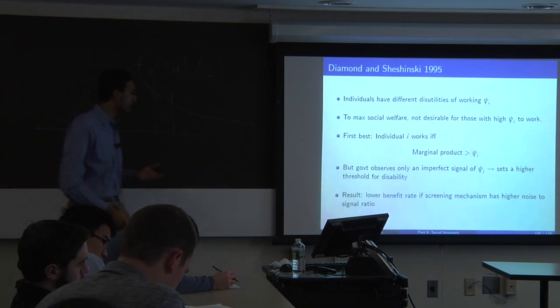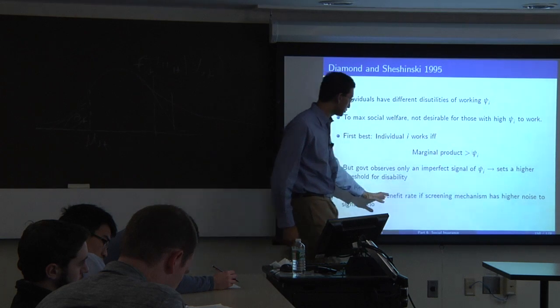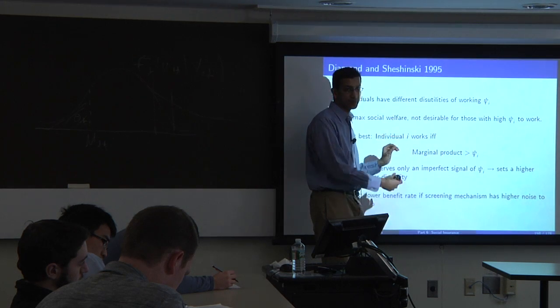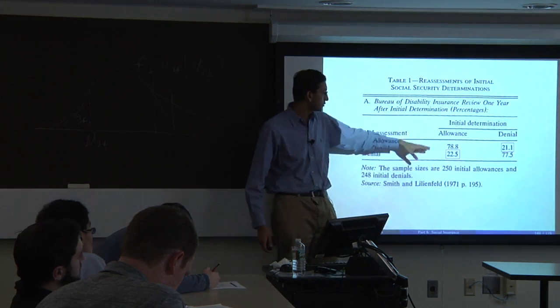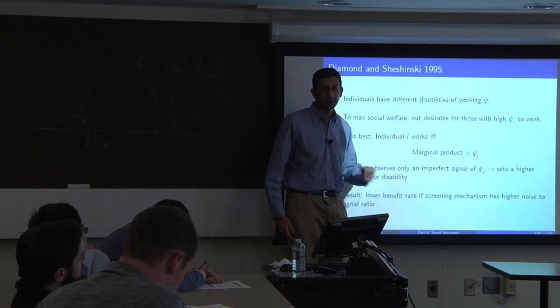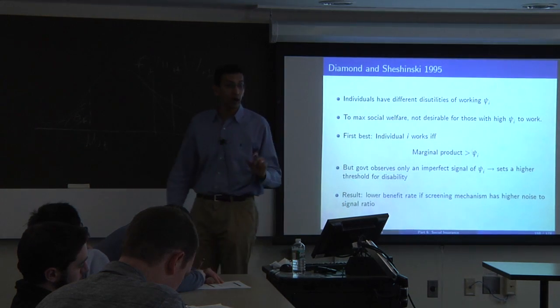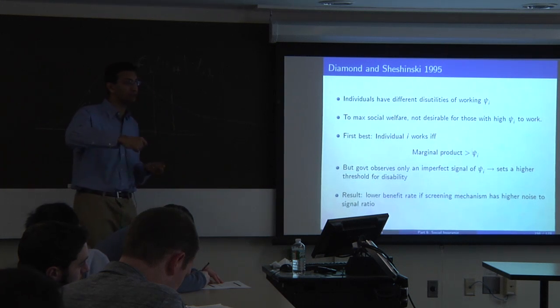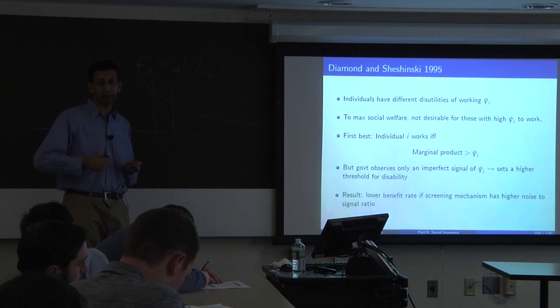And the main theoretical result of the paper, which is very intuitive, is that if you have a better screening mechanism, that is, if you come back to this chart, one way to think about it is if you make smaller type 1 and type 2 errors, then the optimal benefit level is higher. So that makes sense, right? If you have a better ability to figure out who's actually disabled and who's not, then you're going to want to provide more benefits.